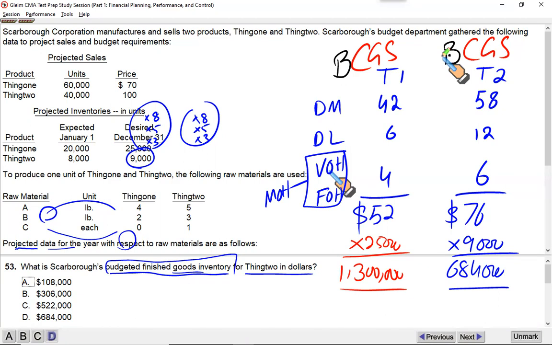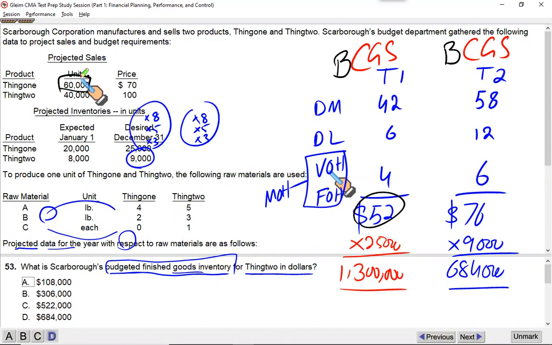Apply the same idea. Afzal says 3.12. What Afzal might have done, Afzal would have multiplied. Afzal, you are a CMA in a few months. Very good, mashallah. Excellent. So what Afzal has done and what you should be doing, this is the planned sales, 60,000 units, and each thing 1 costs 52.